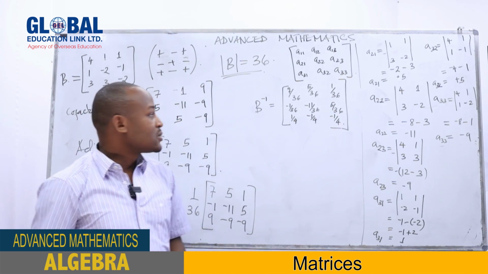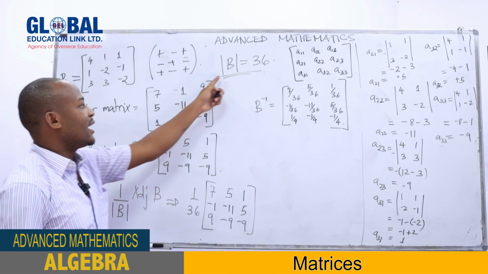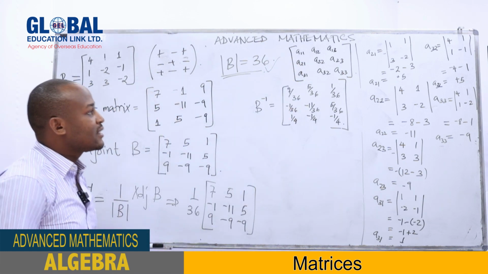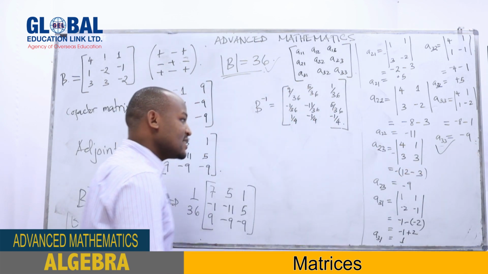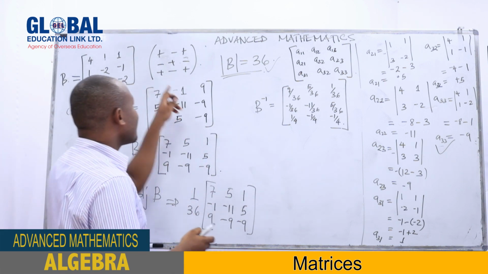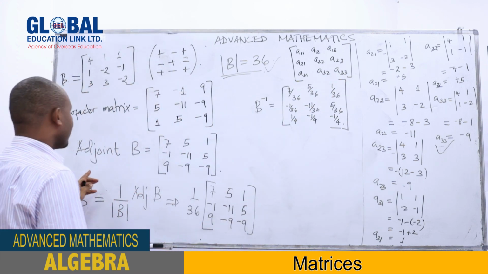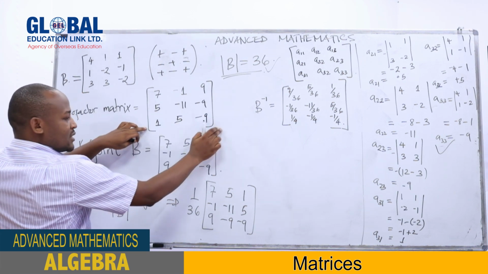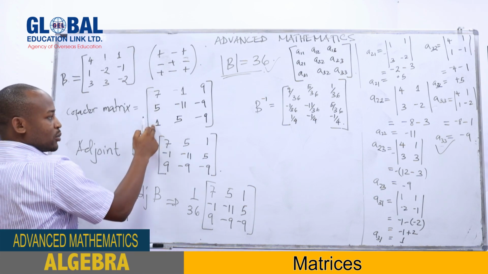So, my dear student, this is how we find the inverse. First of all, you have to find the determinant, and we did that. Then we started finding the cofactors, and remember when you are finding the cofactors, remember the pattern and the position of those cofactors. Then we had the cofactor matrix. Then we found the adjoint of the matrix by transposing this matrix.